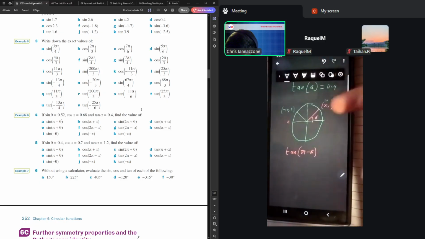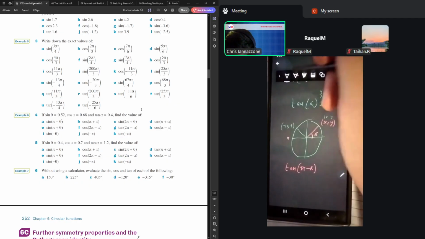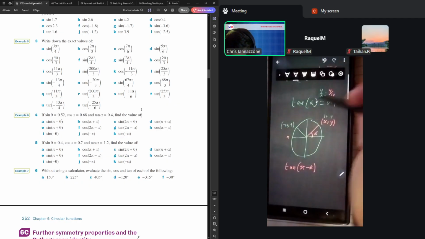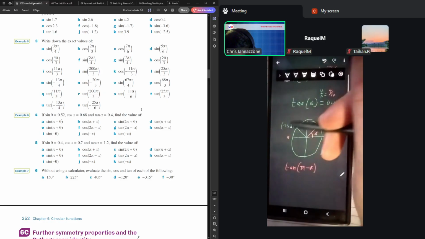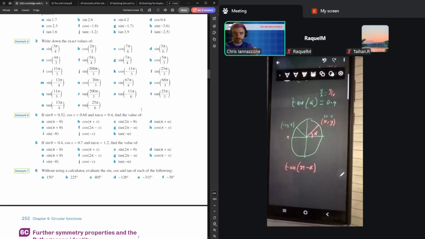Pi minus alpha. This is where it gets a little bit funky because we now need to figure out what happens to tan here. We don't actually have a tan value necessarily located in there, but we sort of split it up and put it in there. We've now just got to reassemble it. So what does that actually mean that's happened to tan?